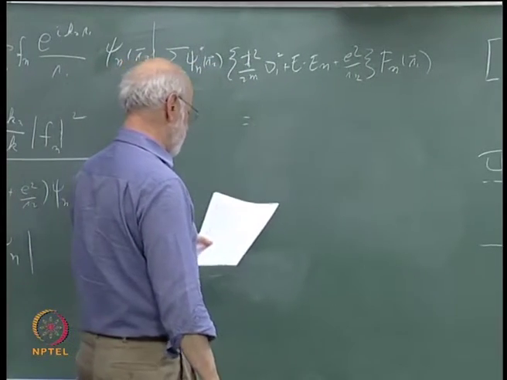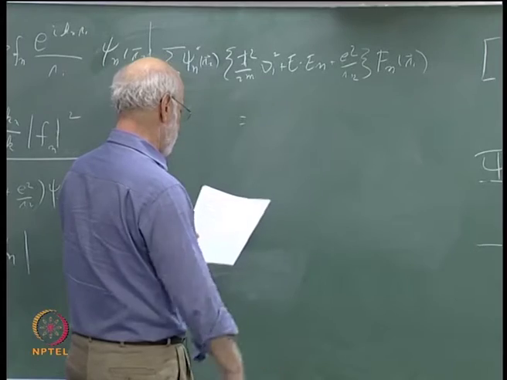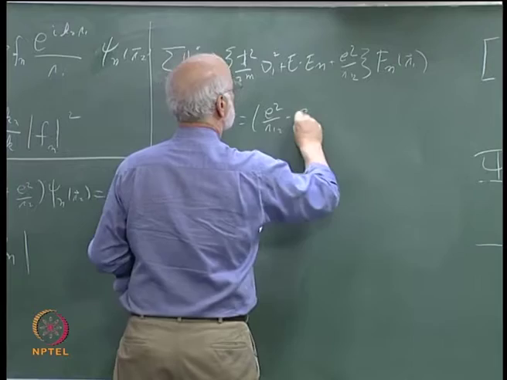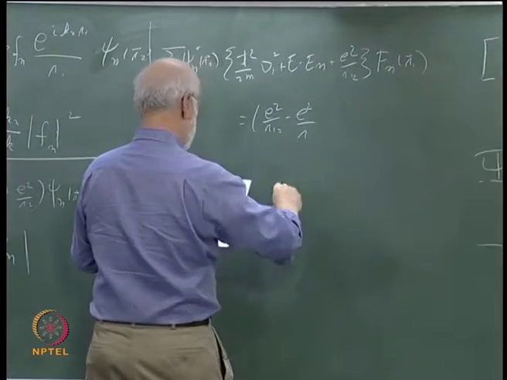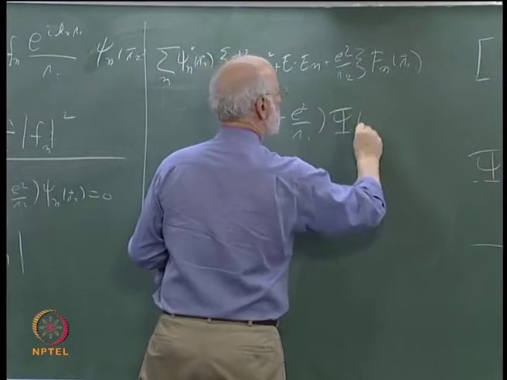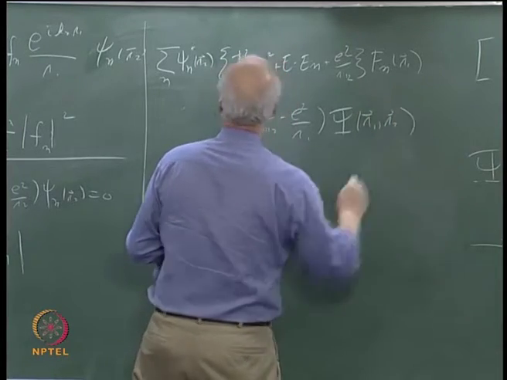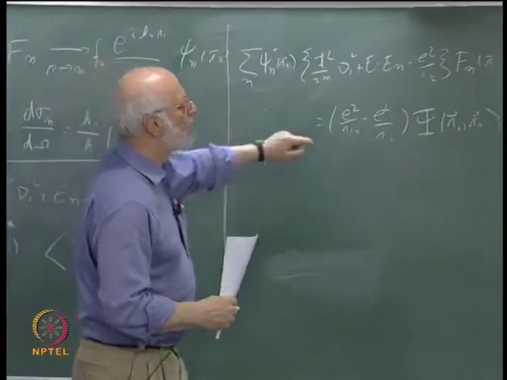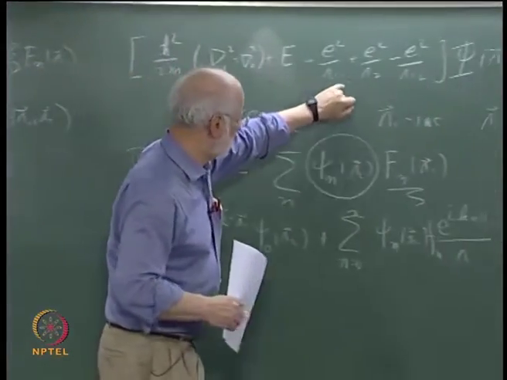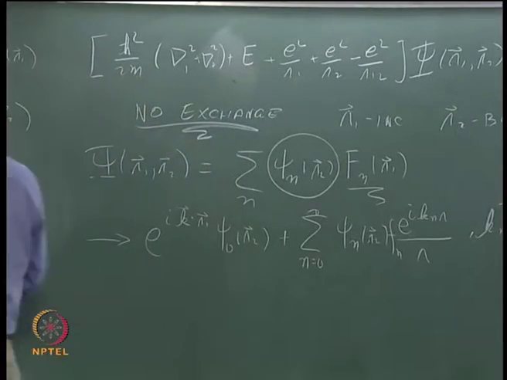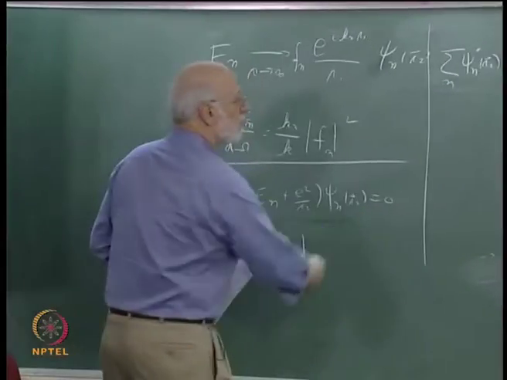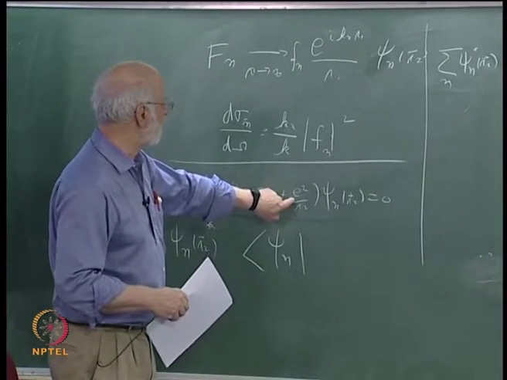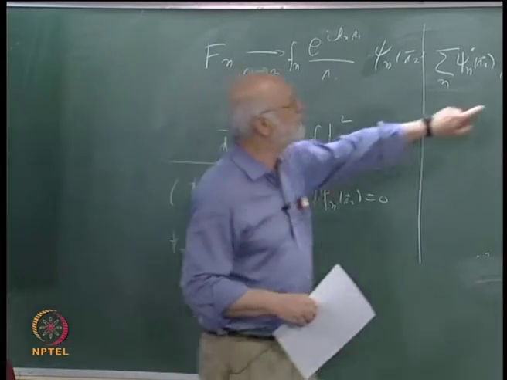Well, let me write what's on the other side this way, because I'm moving some stuff to the other side. It's e squared over r1,2 minus e squared over r1. See, all I have done here is I've taken part of this and plugged in here, and that's how I got this and this together to give me the En. That's the way I got the En here.